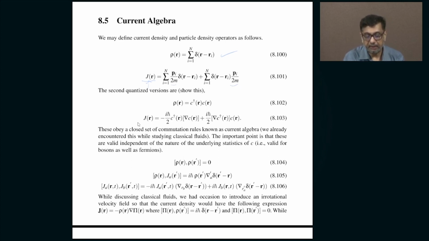So, current would be then described in the second quantized language. The claim is that just like I was able to rewrite the Hamiltonian in terms of creation and annihilation operators, now I would invite you to convince yourself that rho is expressible this way and J is expressible this way.